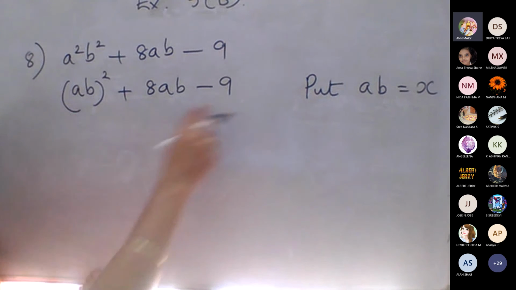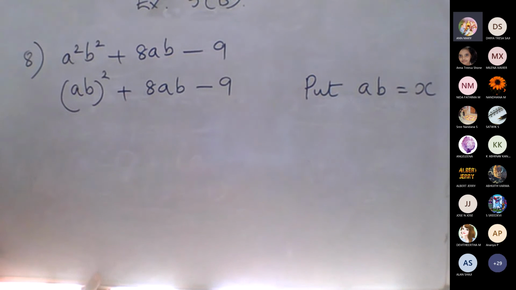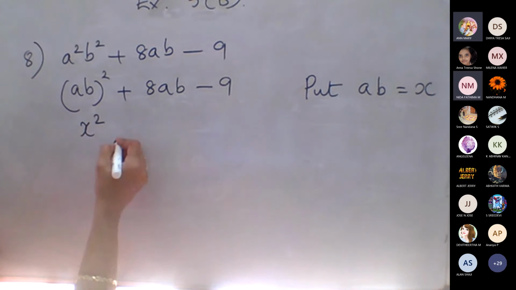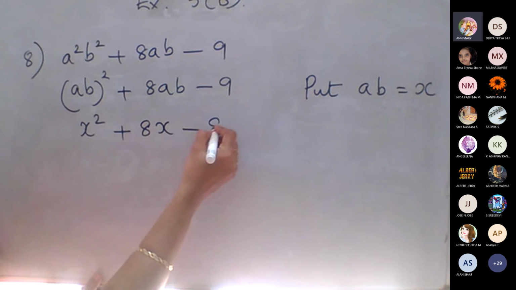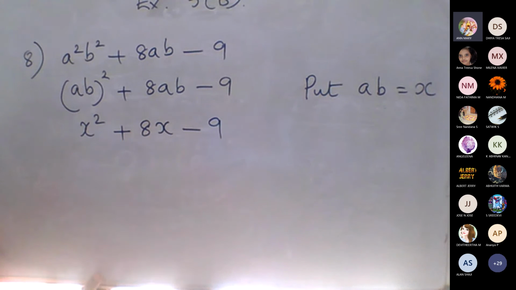So what will happen to this equation? x square plus 8x minus 9. Instead of ab, we replace it as x. So it will be x square plus 8x minus 9. Then it will be easy.